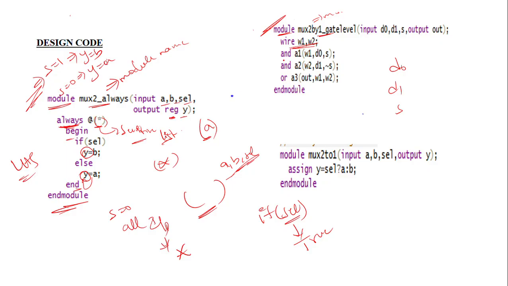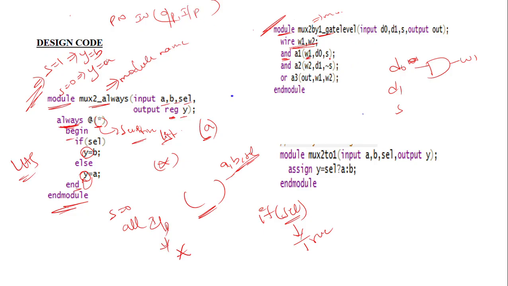Here we use an AND gate. So what are the inputs for the AND gate? W1 means one wire is going to be assigned, and the output will be W1. For writing gate level modeling, first the primitive name, then the instance name and the port list: first the output, followed by the inputs.